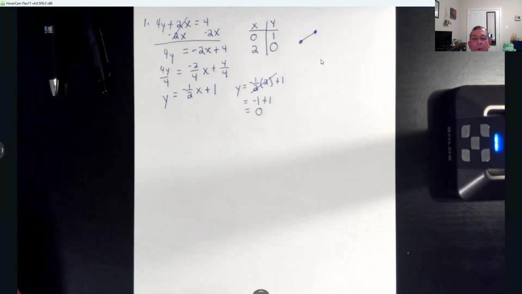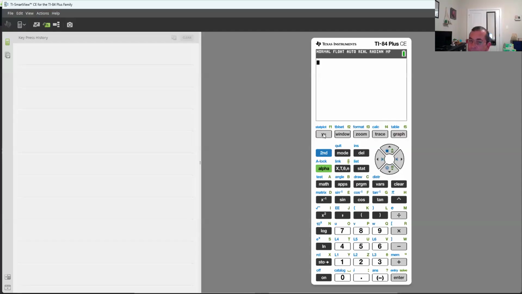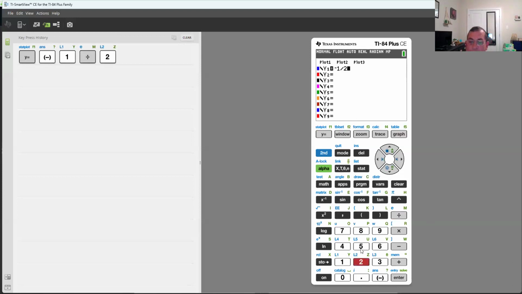All right, now before I do that, we're going to do it on the calculator. So remember, you have to at least have it solved on the calculator. So I'm going to go to y equals. I'm going to put in my negative 1/2. So negative 1 divided by 2 x, and then we had plus 1.